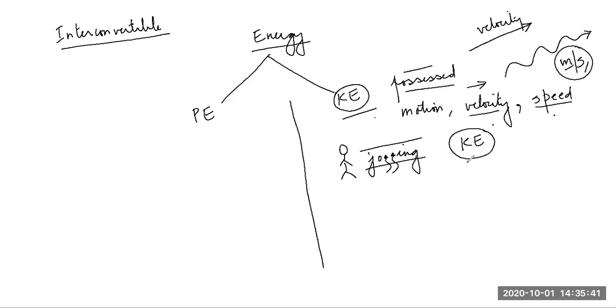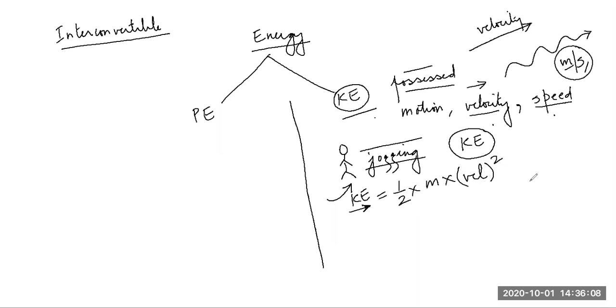At any time, I can measure the kinetic energy of the girl. How? Half into mass of the girl, not weight, mass into whatever is the velocity of the girl, square of that. That can give you kinetic energy at that moment.